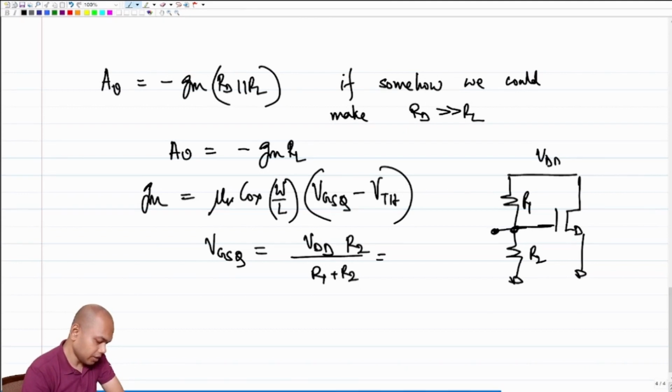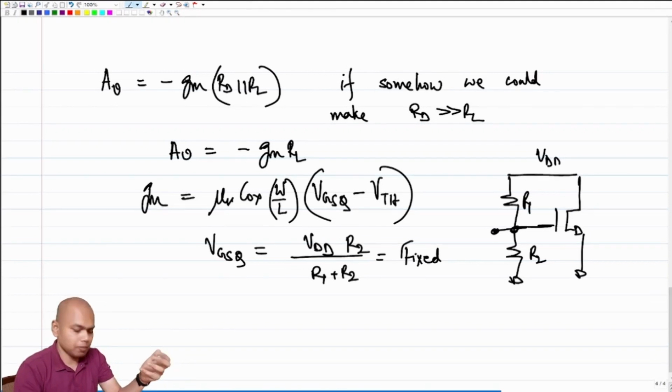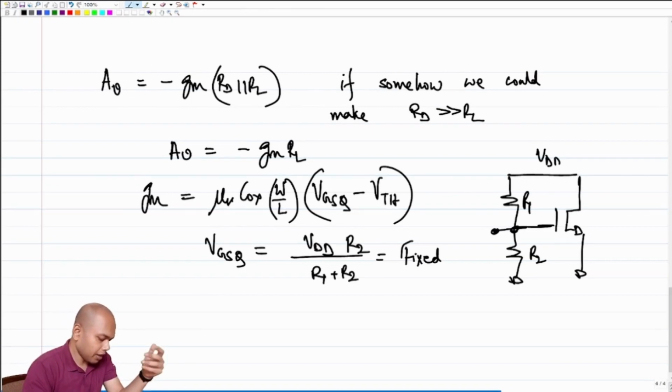And this is fixed. Why do I say this is fixed? This is fixed because once you have chosen the power supply and set R1 and R2, whatever you do, the value of VGSQ is not going to change, correct? So VGSQ is fixed.